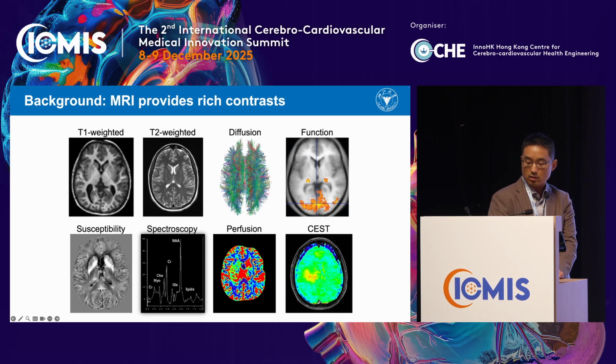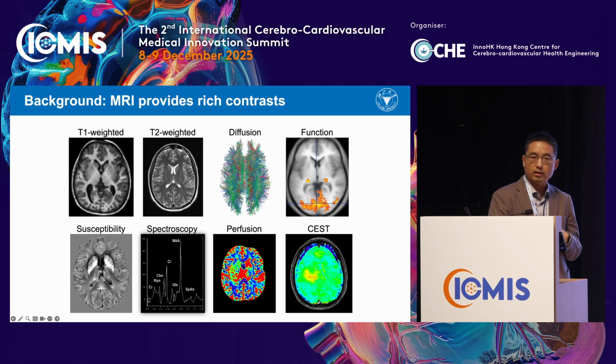The technique I'm going to talk about is called CEST, chemical exchange saturation transfer imaging. CEST MRI is slightly different from the other images that you see here. For regular MRI scans, we detect the signals from the water molecules in the human body.